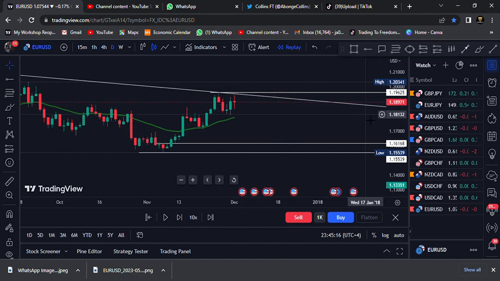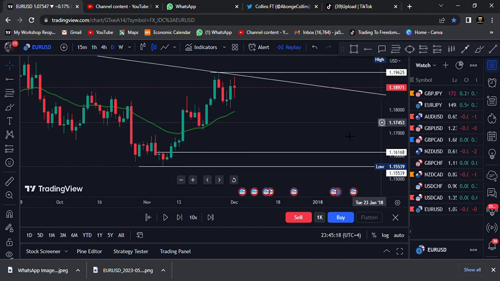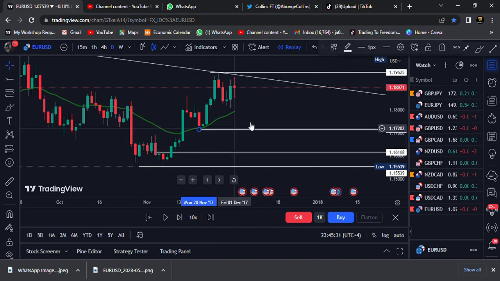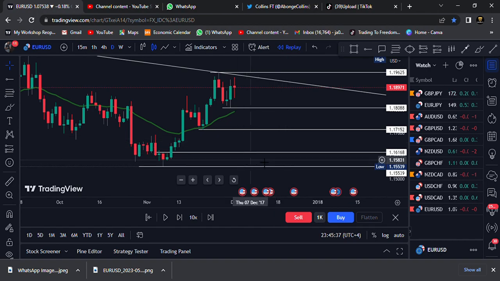We put our resistance. This is our support. We will be having other supports here, like here and there, but the main thing, our take profit, is here. So this will be a support. This other one will be a support, but our take profit is this one.